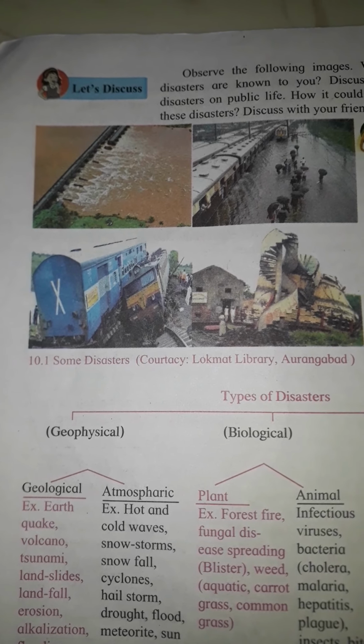Here on the next page you can see a few pictures: the first picture is of a flood, another picture is of a waterlogged area, the third picture is of a train accident, and the fourth picture shows an earthquake in a certain area.